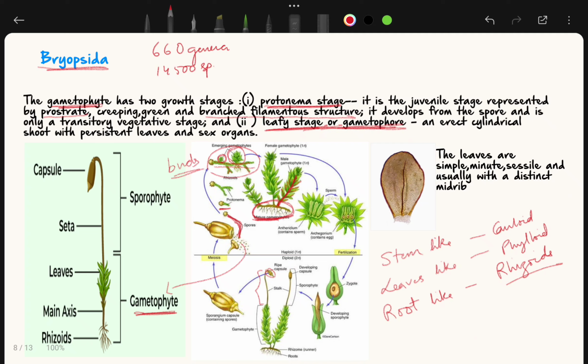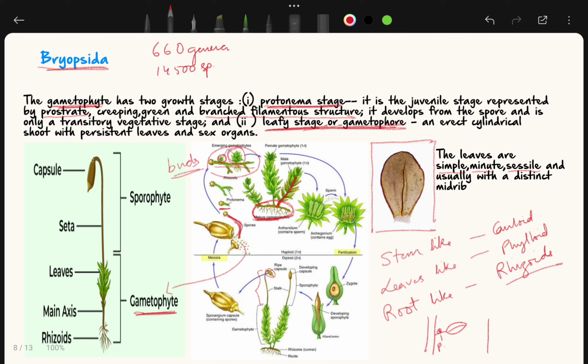So the leaves, this is a magnified view of the leaves. The leaves are simple, minute, meaning they are tiny, and sessile, which means that the petiole is absent. In some plants you'll find that the leaves are structured in this manner, with a presence of petiole, but in sessile leaves this petiole is absent.